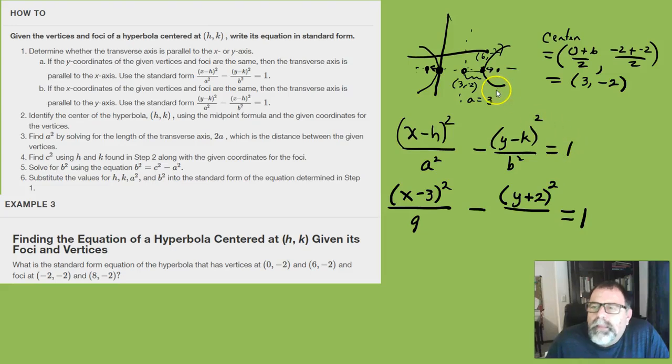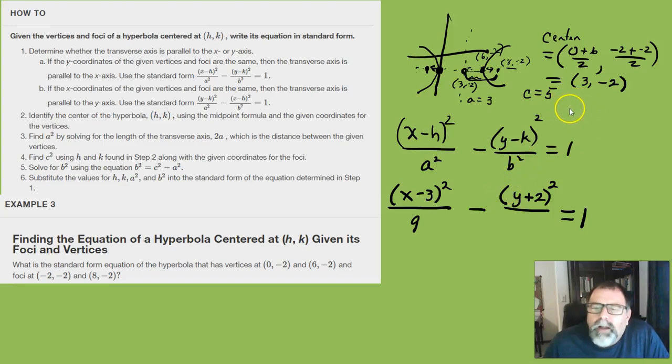And then B, well, we don't know B, but we know C. C is the distance from the center to the focus, to one of the foci. So C is going to be from 3 to that one was what, 8, -2? So from 3 to 8, well, 8 minus 3 is 5. So C is 5.